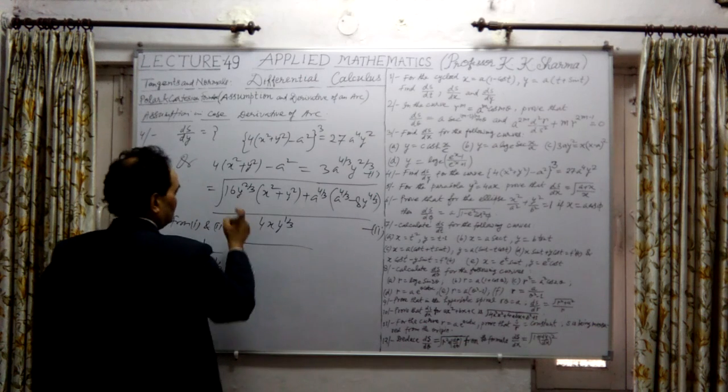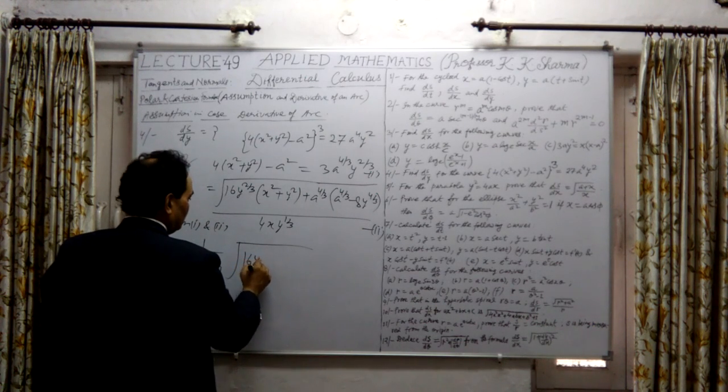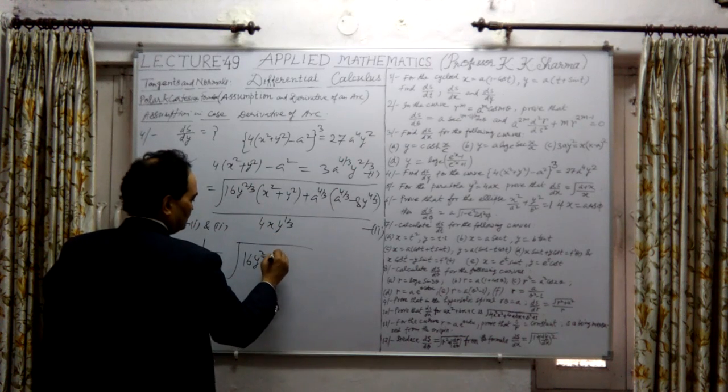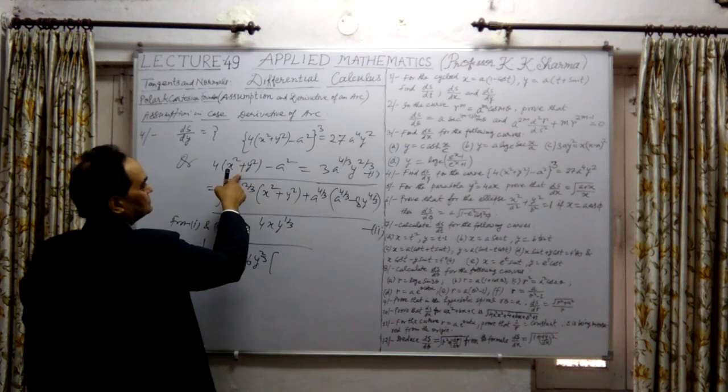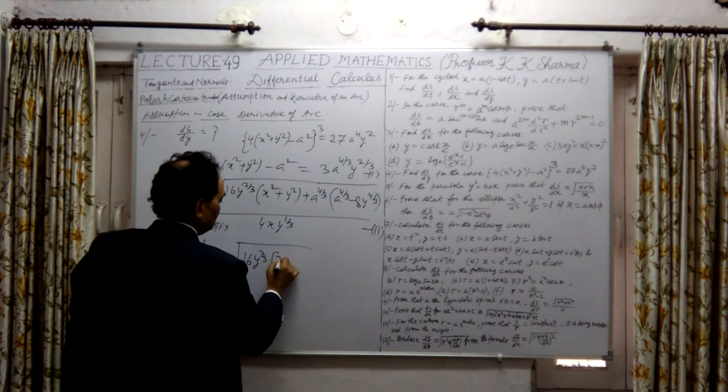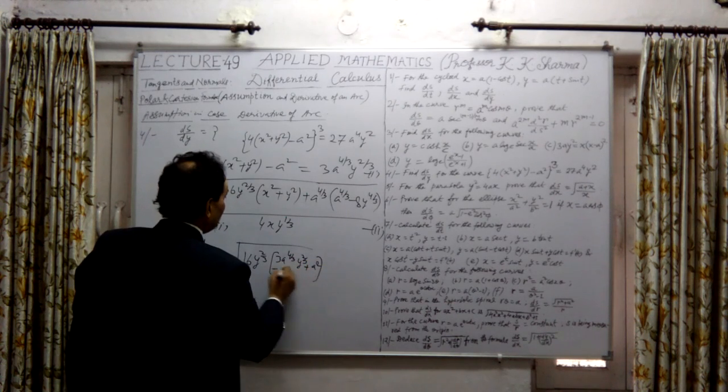Okay, so now this is 16 y raised power 2 by 3 into, if I substitute the value of x square plus y square, which is this, first take a square to that side, that means 3 a raised power 4 by 3 into y raised power 2 by 3 plus a square upon 4.